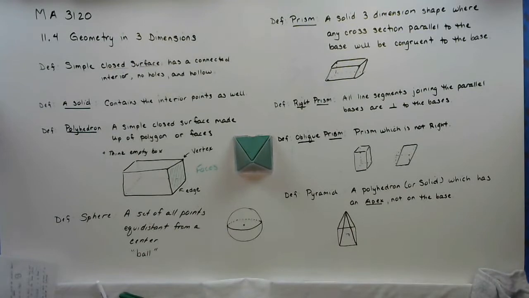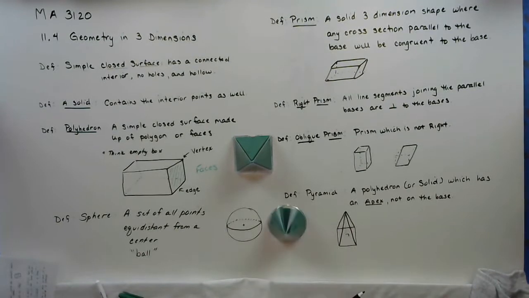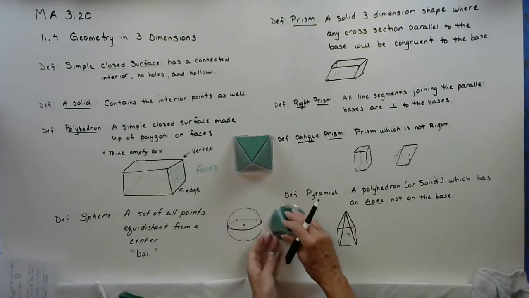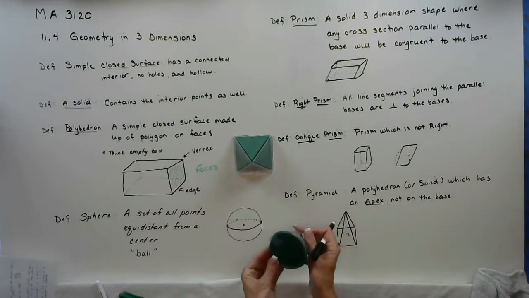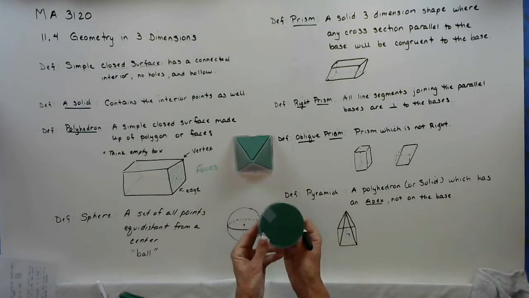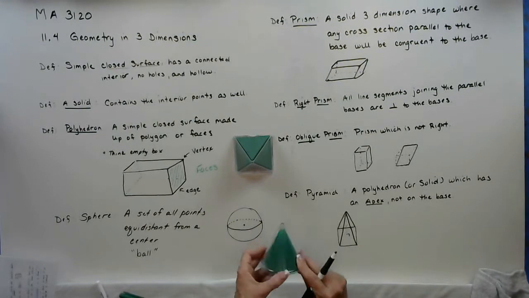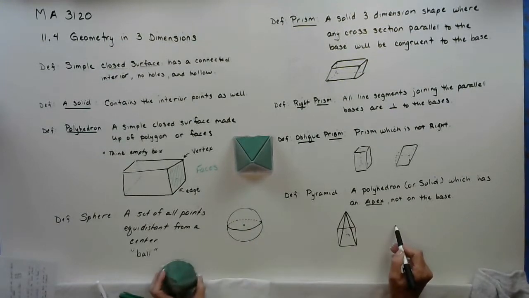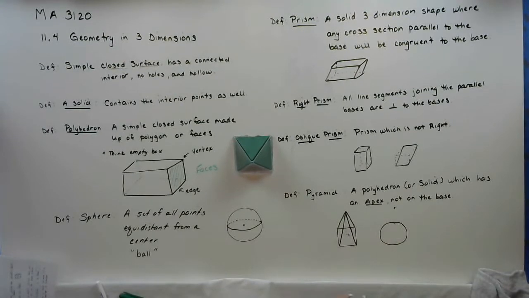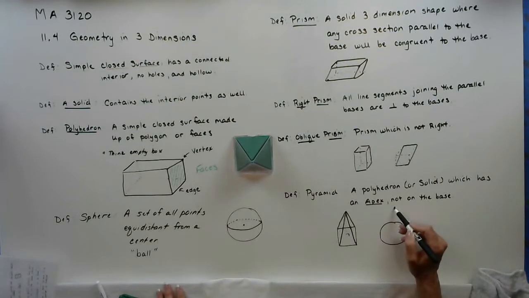We could have a cone. A cone actually has a circular base, but it's not solid all the way through. Instead, it comes to a point. So I could have a circular base and a point not on that base. Then we don't have corners this time, so we just go out to the edges.